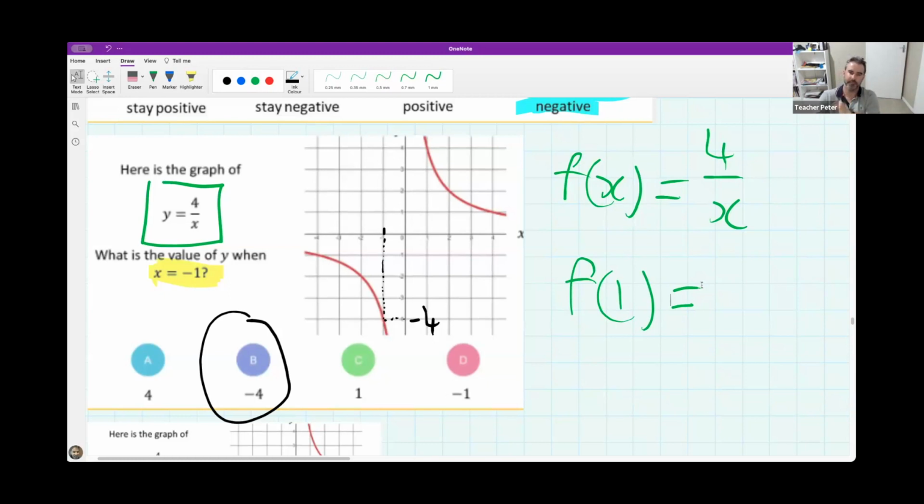What's that going to be? Visually, it looks to me like it's 4. And algebraically, I can find it by just going 4 over 1, which is 4. And so both these answers make sense to me.